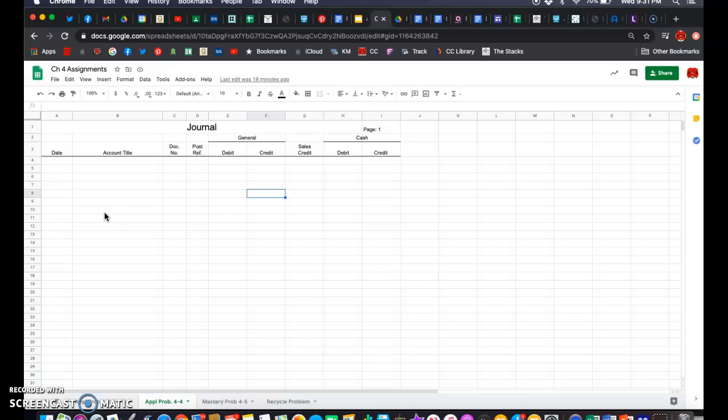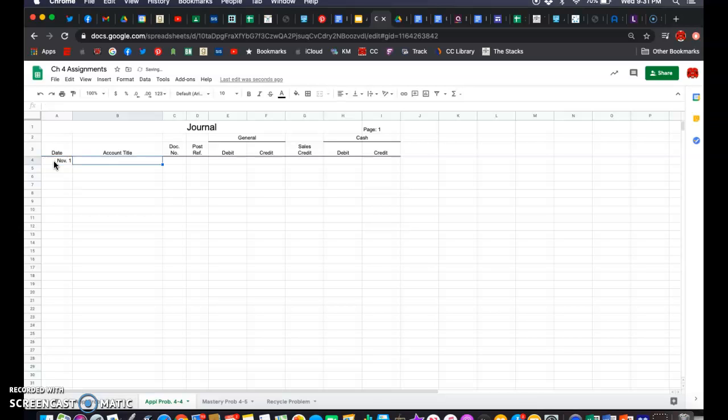Okay, so it says that you discovered that a transaction for supplies bought last month was journalized and posted in error as a debit to prepaid insurance instead of supplies for $60. And then our source document is memo 15. Okay, so what we're going to do is take the date, November 1.